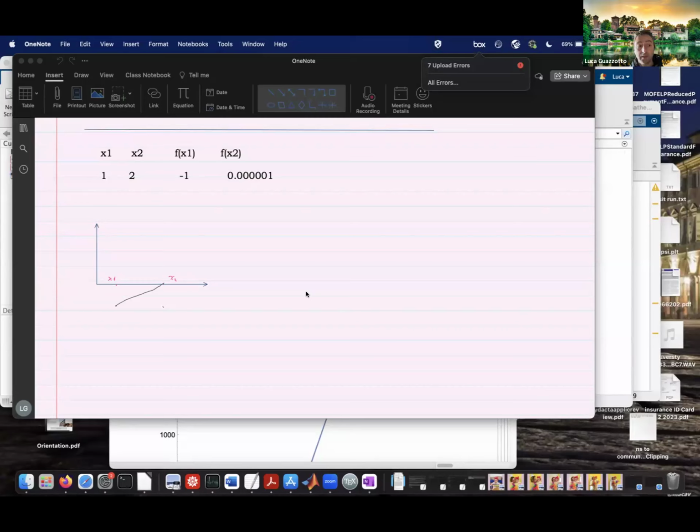However, I could take the whole value. Since I calculate the values, I could take the values and try to do something with those numbers.